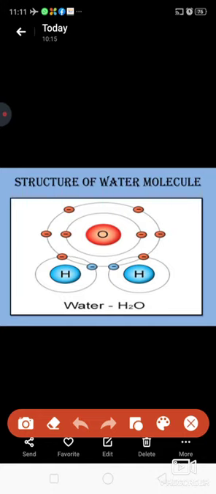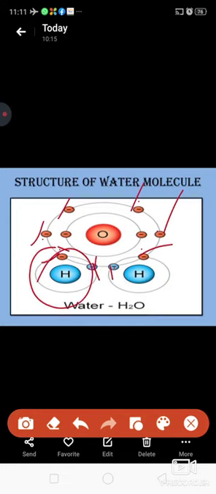Let's count the electrons in the outermost shell: 1, 2, 3, 4, 5, 6, 7, 8. Oxygen's octet is complete. The first hydrogen, 1, 2, is also complete, and this one, 1, 2, is also complete.